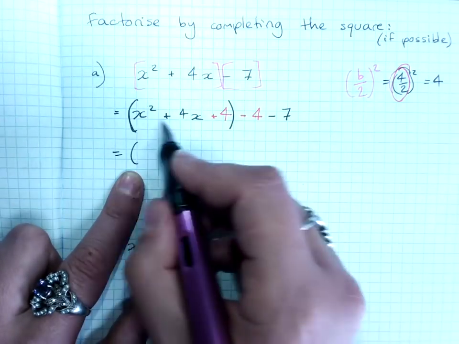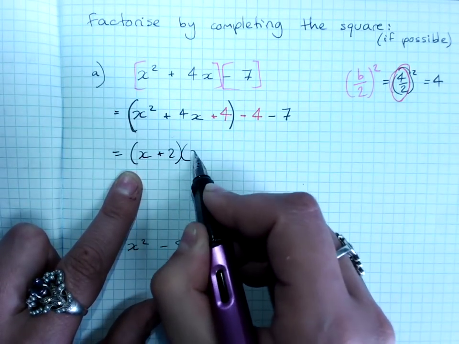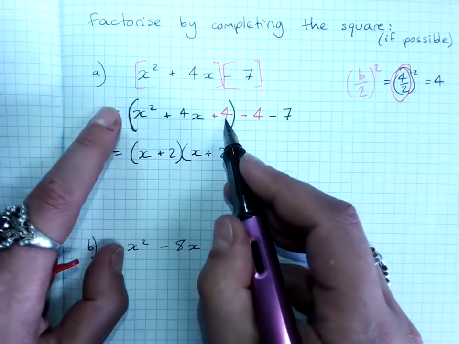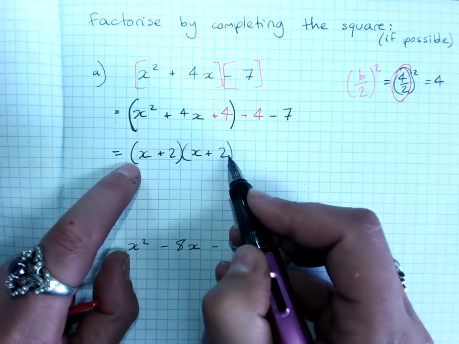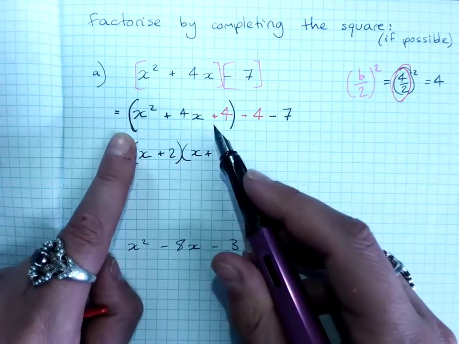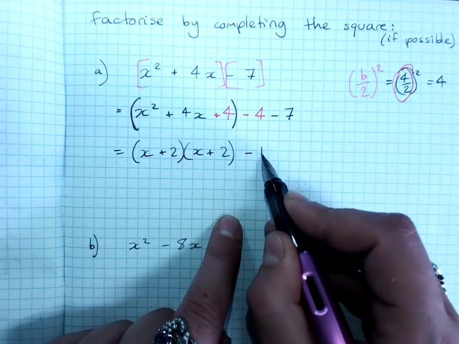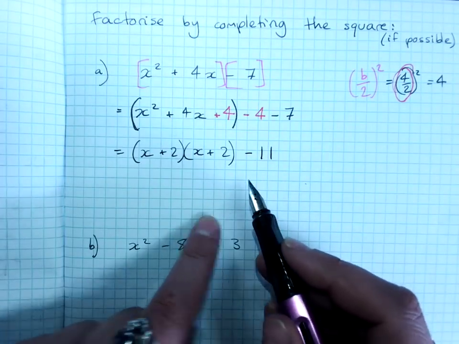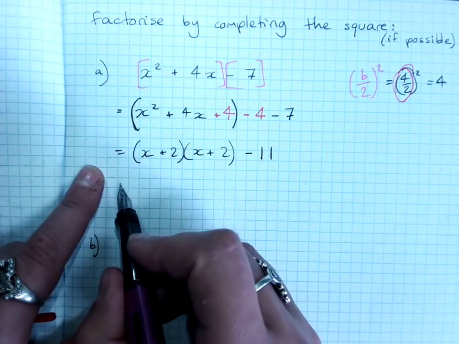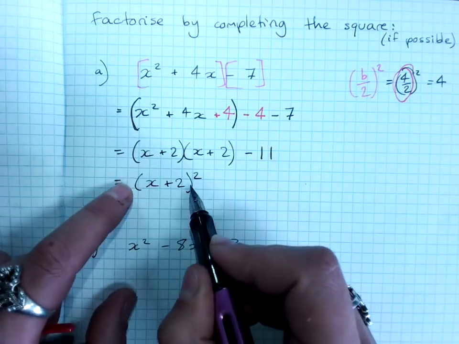I'm going to get this is x plus 2, x plus 2. I've factorized that and it's a perfect square. This is always going to be a perfect square because I'm completing a perfect square. Over here, I've got minus 4 minus 7, and that's minus 11. This is a perfect square, x plus 2 squared.